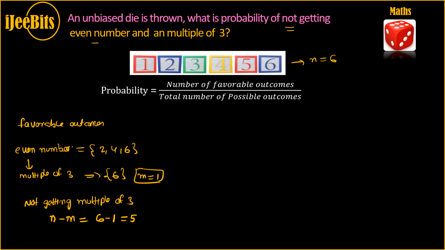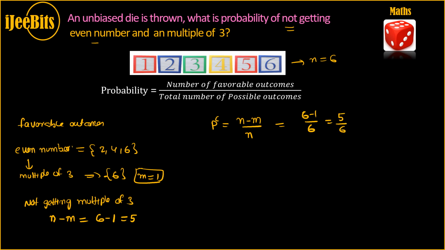So now, how do you get the probability? The number of favorable outcomes for not getting is n minus m divided by n. You can say this is a complementary case. So (6 minus 1) by 6 is nothing but 5 by 6.